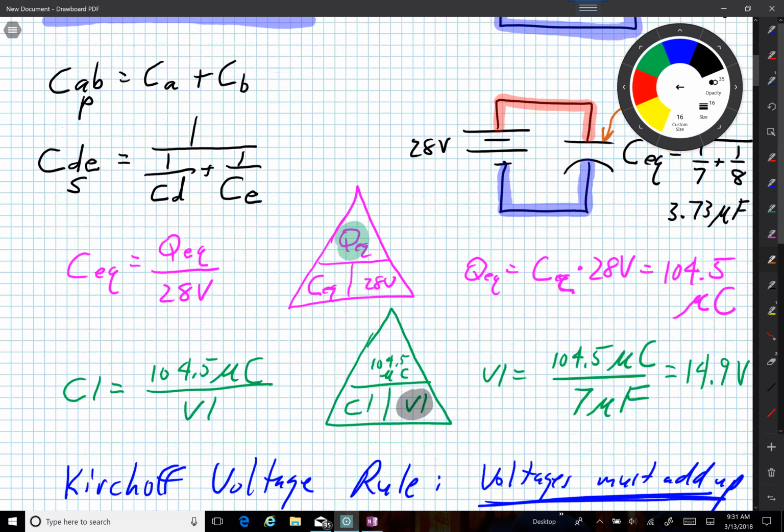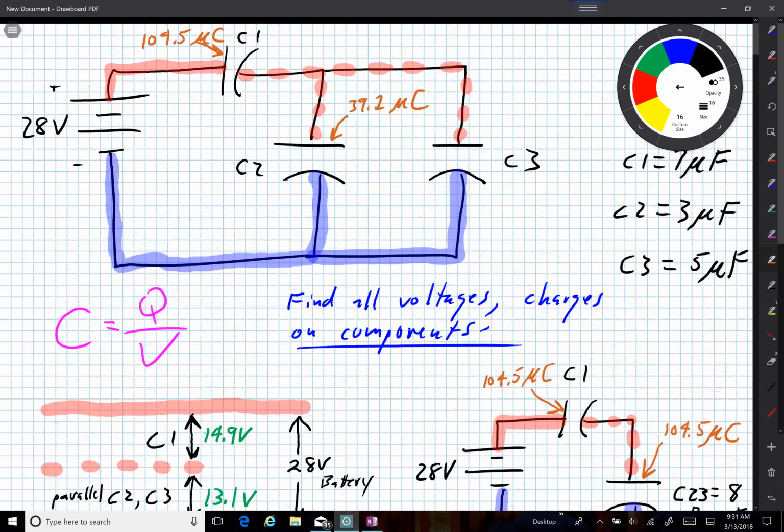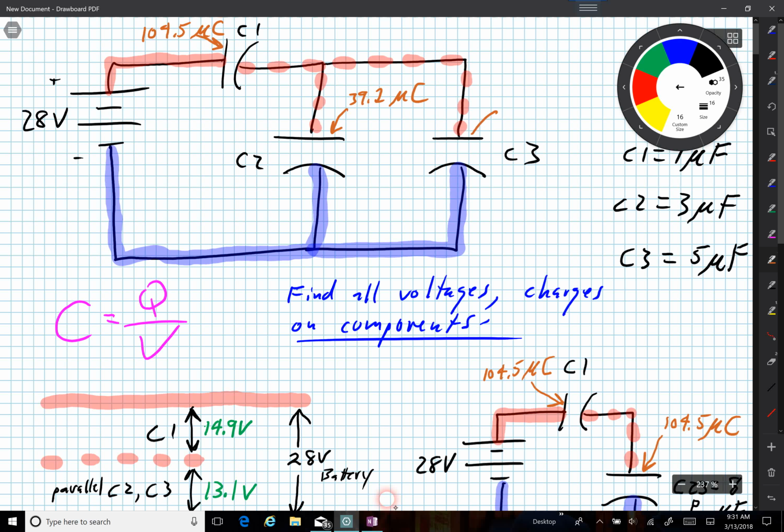And Q3, 65.3 microcoulombs. Okay, and this is a 2. All right.